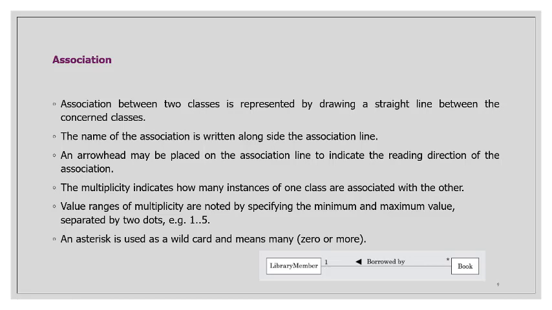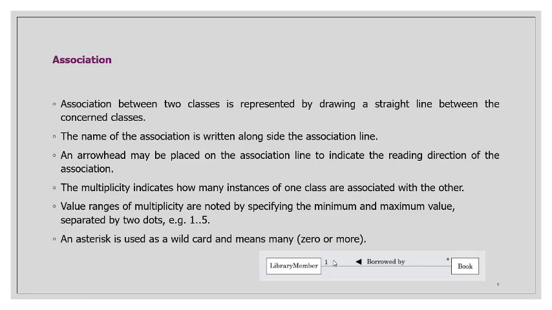The value ranges of multiplicity are noted by specifying the minimum and maximum value, separated by two dots. For example, 1..5. If we write 1..5, that means 1 is the minimum value and 5 is the maximum value. Asterisk is used as a wildcard, meaning the value is 0 or more.